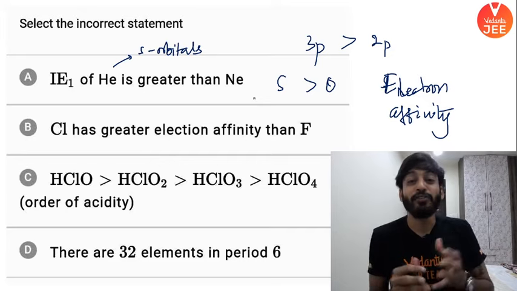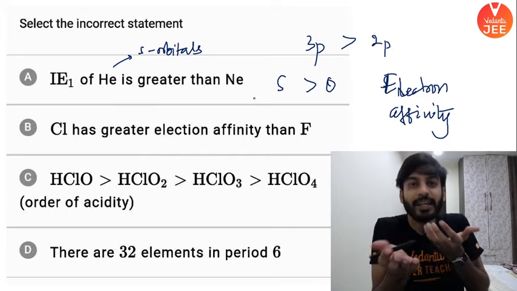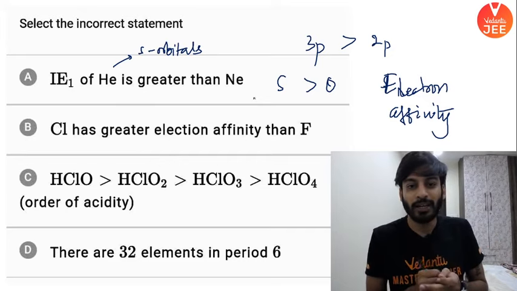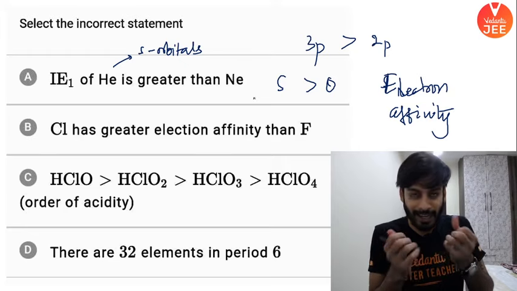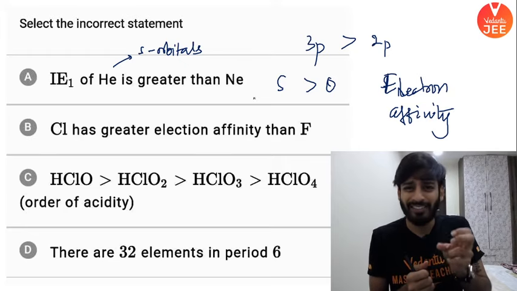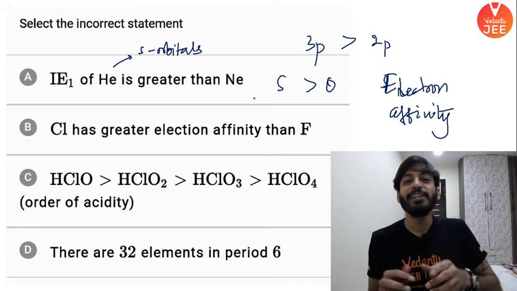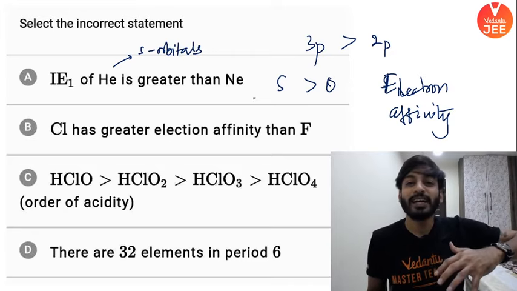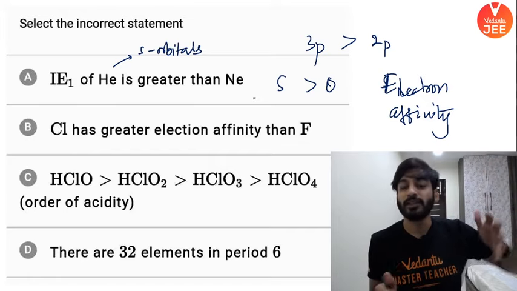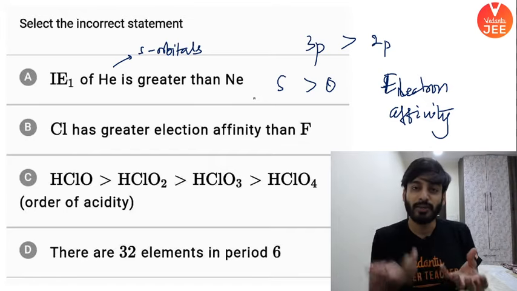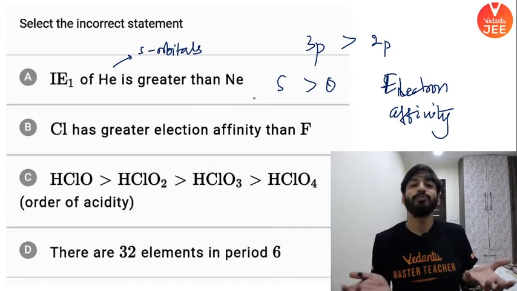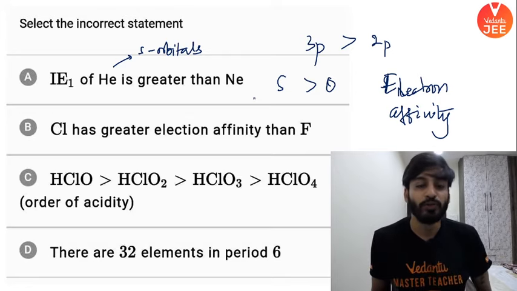Same reason, 3p has a bigger size, so it can accept the electrons. Fluorine can accept an electron, but it has a very small size, so repulsions are more. 3p has a bigger size, so it can accommodate the incoming electrons and the repulsion would be less, because we already have electrons in the system.